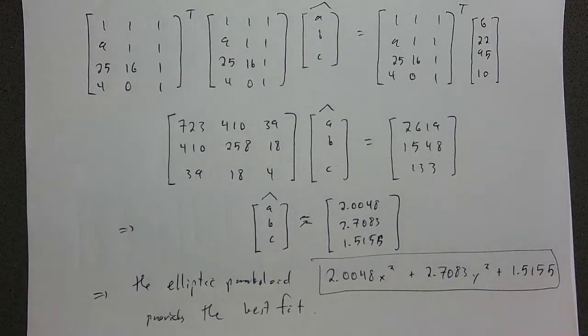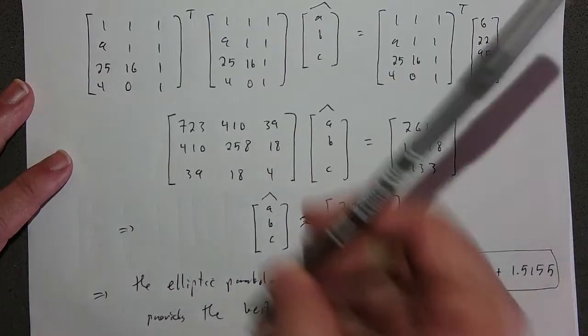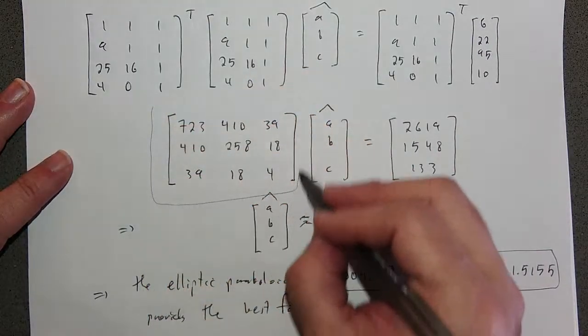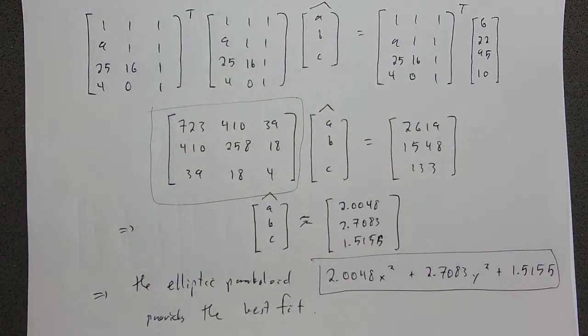There's a couple things that I want to notice that you may have noticed in all of these examples we did. In this example, because the numbers are the way they are, you might have really noticed it, right? But what can you say about this matrix? Someone, if you notice it in the chat, you can let me know. What kind of matrix is that?